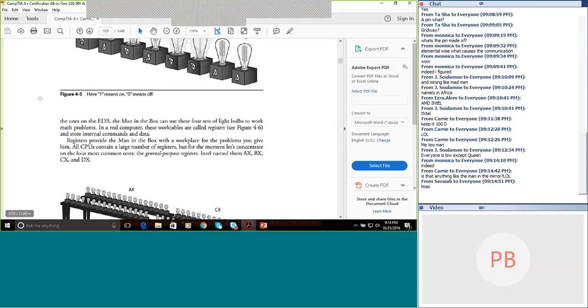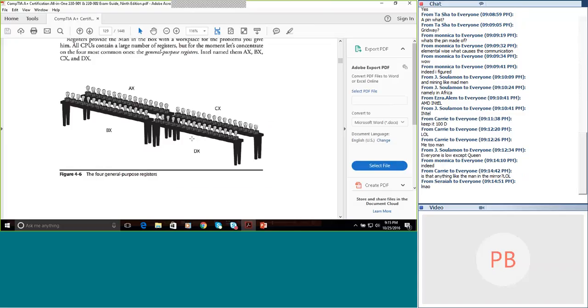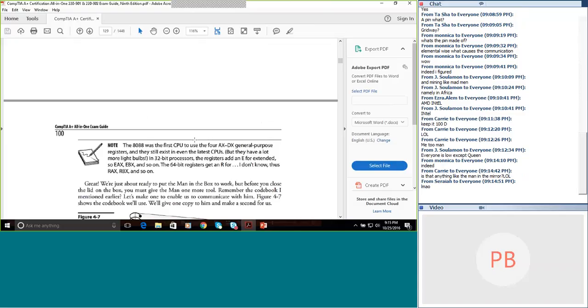CPUs have a bunch of different registers, but we could talk about the general purpose ones: AX, BX, CX, and DX. You'll see these terms all over the place.